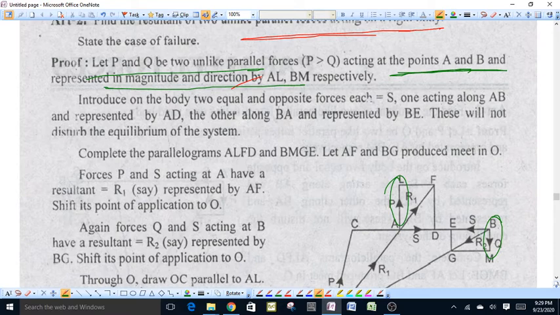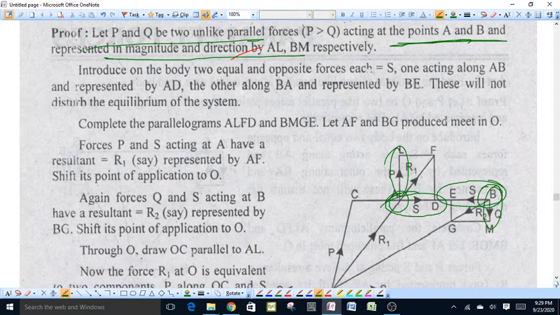Now we introduce two equal and opposite forces, one at point A and the other at point B, in opposite directions. Suppose S acts at A along AD and at B along BE.